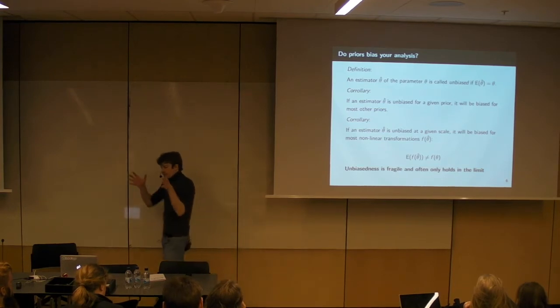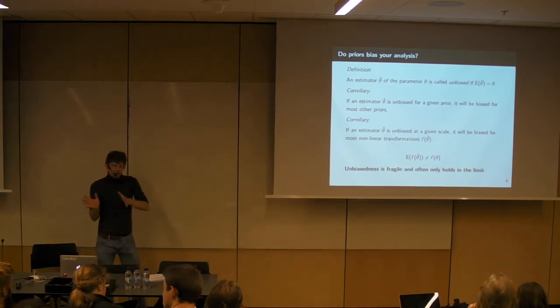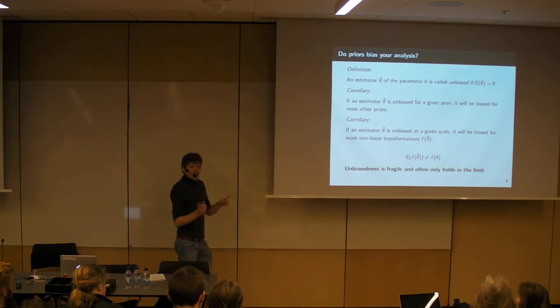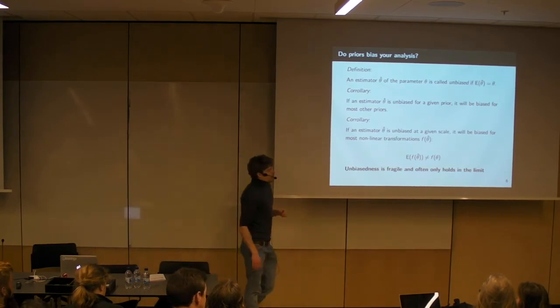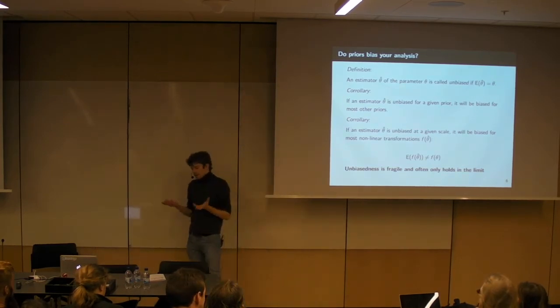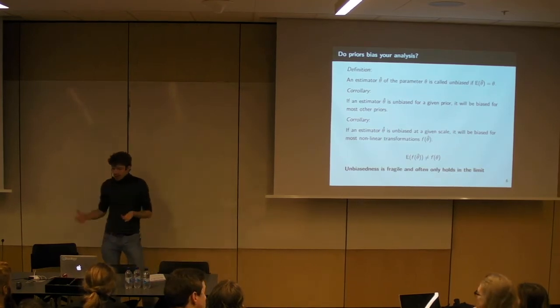So if the estimator is unbiased on a given scale, after nonlinear transformation likely it won't be unbiased anymore. So unbiasedness is a quite fragile concept, even though frequentists like it that much.